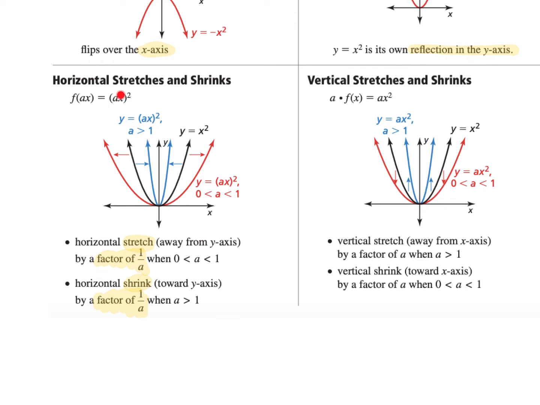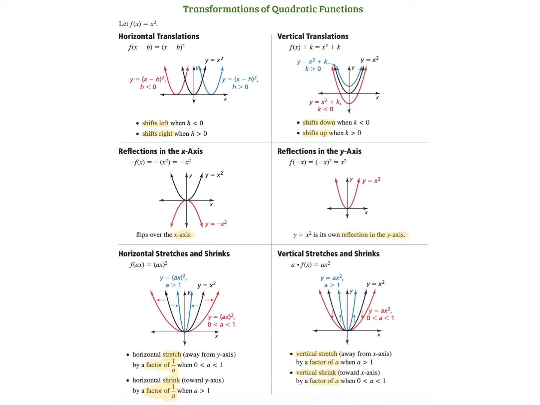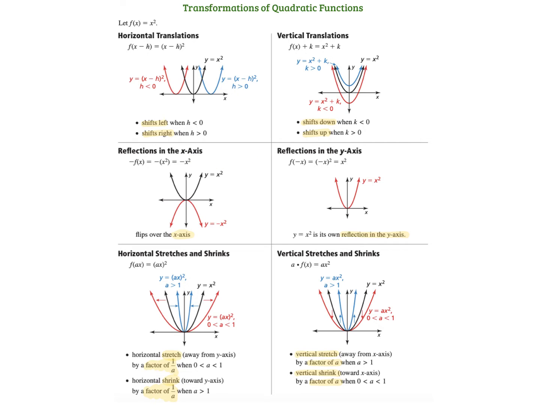I understand these look very similar, but the parentheses do matter. So here this would be considered a vertical stretch or shrink, and it is just by a factor of a. So if a is greater than 1, it's a stretch, and if a is between 0 and 1, it's a shrink. And notice that a is always going to be positive because if there's a negative, that's a different type of transformation. That would be our reflections.